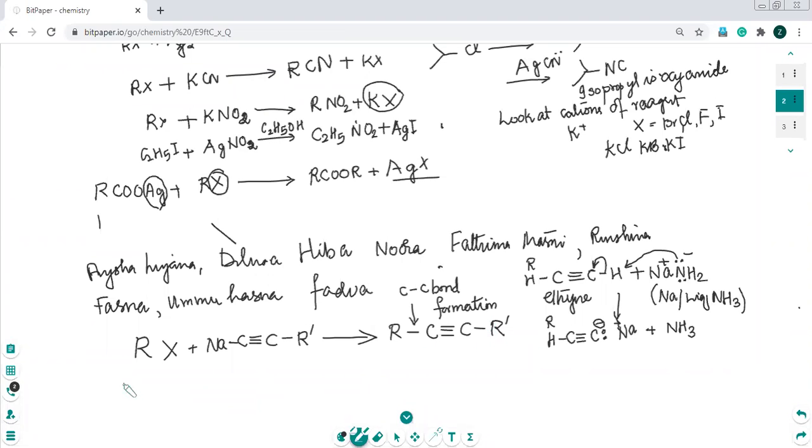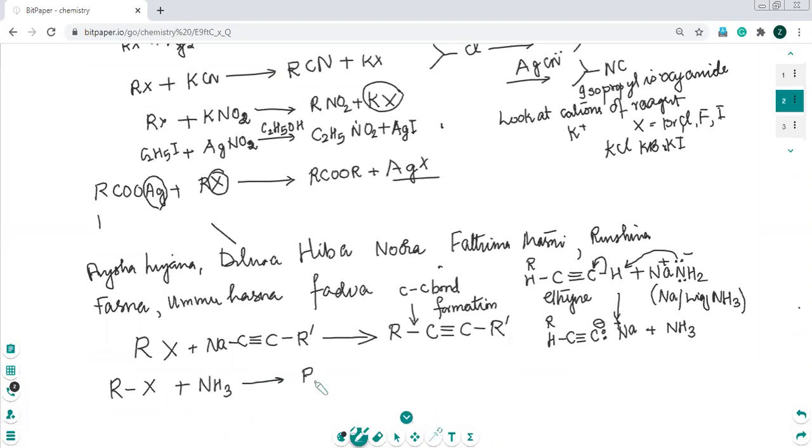Similarly, if you take an alkyl halide RX and react with ammonia, you can guess the product.